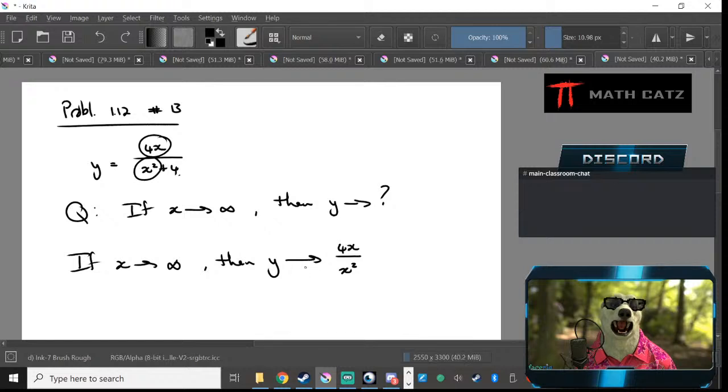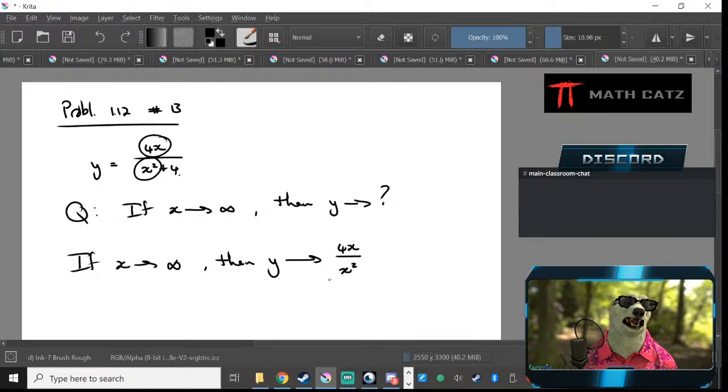This is an arrow. This is not an equal sign because it's behavior. My mathematical translation for behaves like is that arrow. If you say equal in a test, I'm going to have to subtract some marks because it's not the same thing, and it shows you don't understand that we're looking at behavior here.